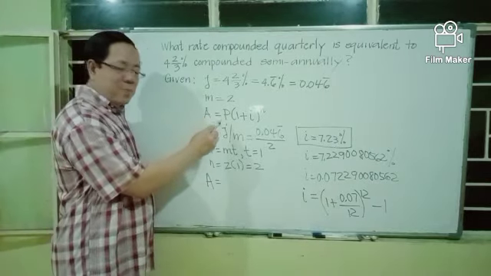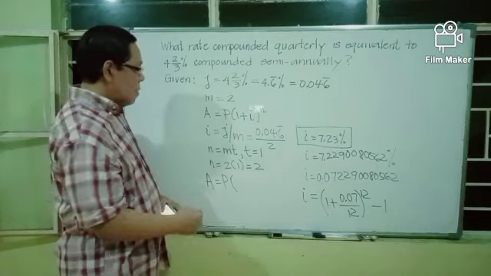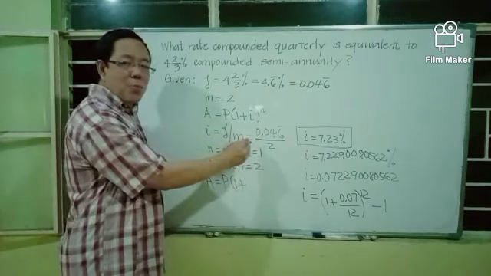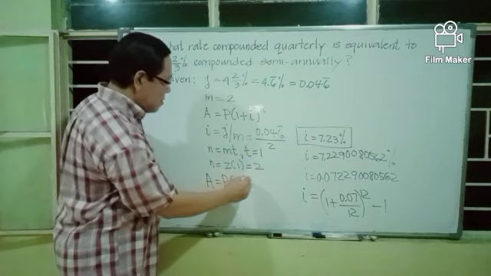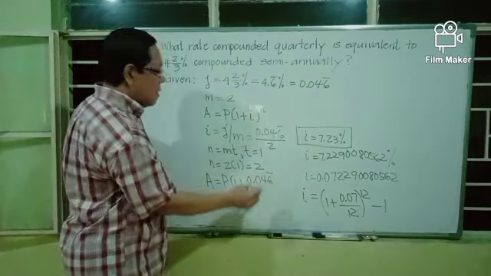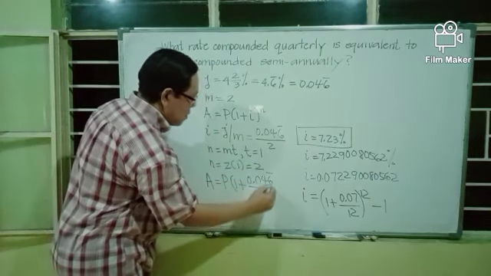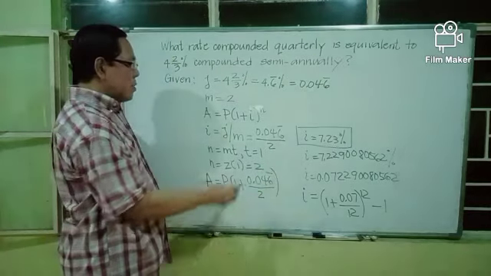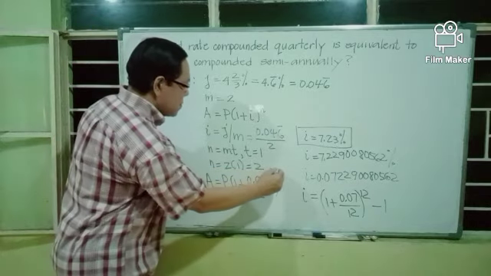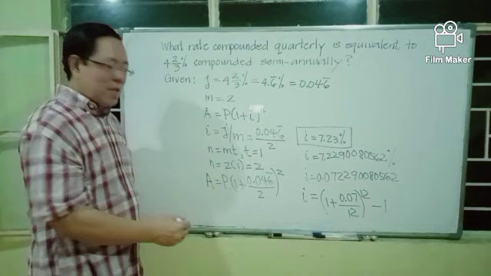A equals P multiplied by 1 plus I, which is 0.046 bar divided by 2, to the power n. N is 2. And let's call this equation 1.